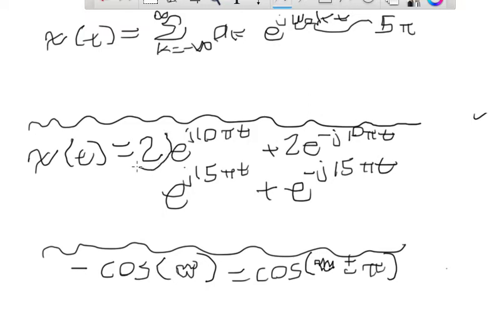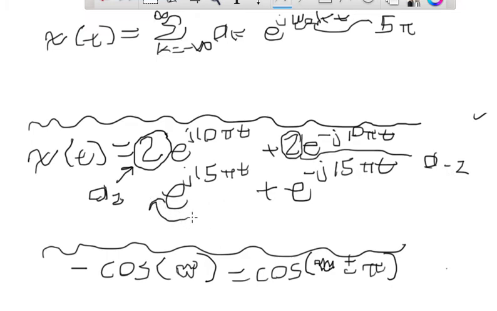So in this case, we'll read off this 2. That's going to be a2. Again, there is no a1 in this expression. If I take 5 pi multiplied by 2, that gives me the 10. This 2 here, that would then be my a minus 2. Here, my Fourier series coefficient is just this 1 that was sitting out in front, in terms of a3, the third one.